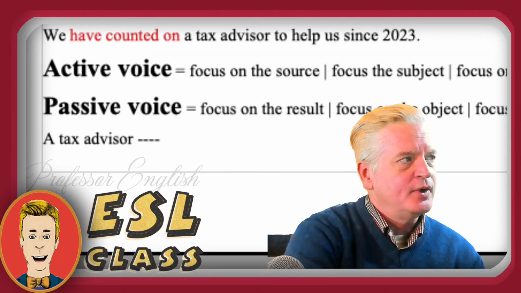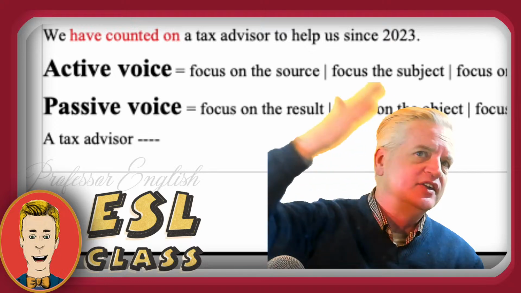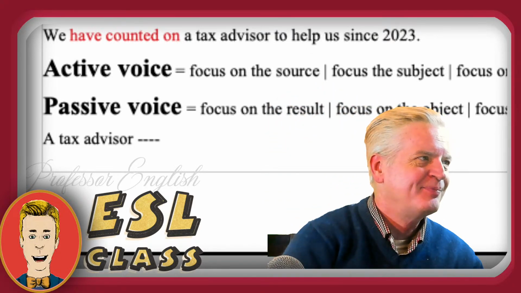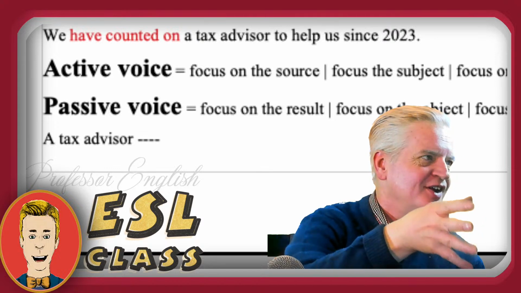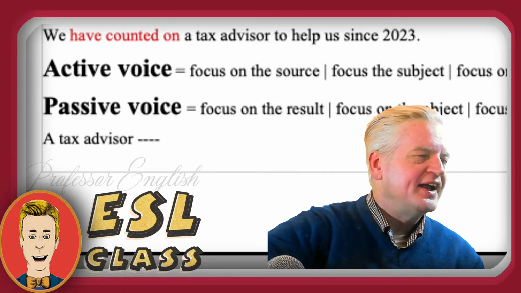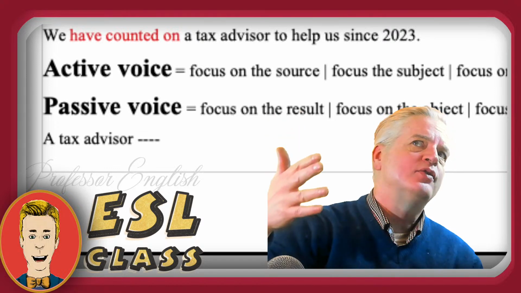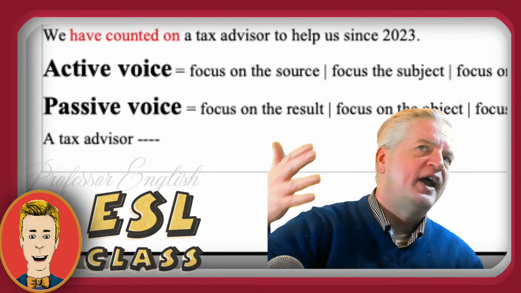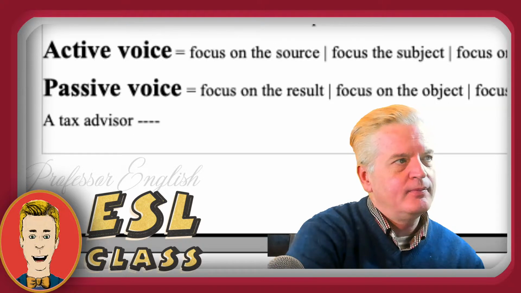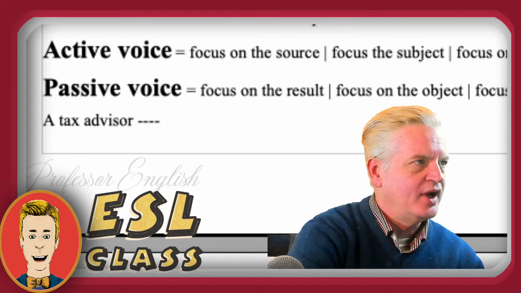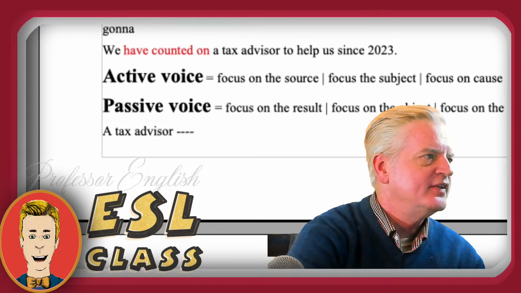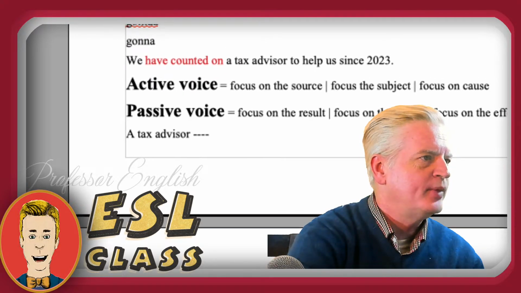Now, we were working on something else. This is like the middle of an exercise, actually. I think we finished in one class and then we started again here. I asked this person, is this an active voice sentence or a passive voice sentence? And the person said, oh, I don't know, I forgot. So we defined the difference between active and passive voice.